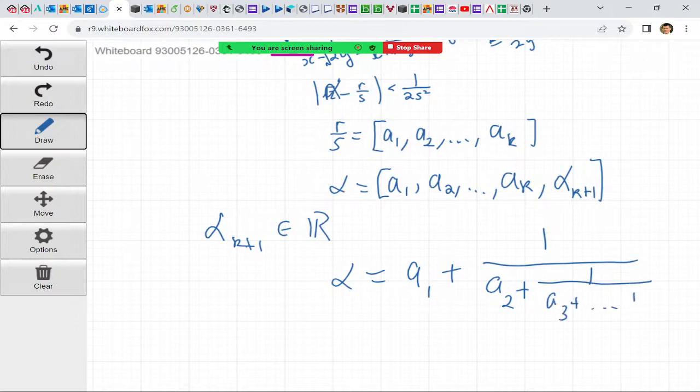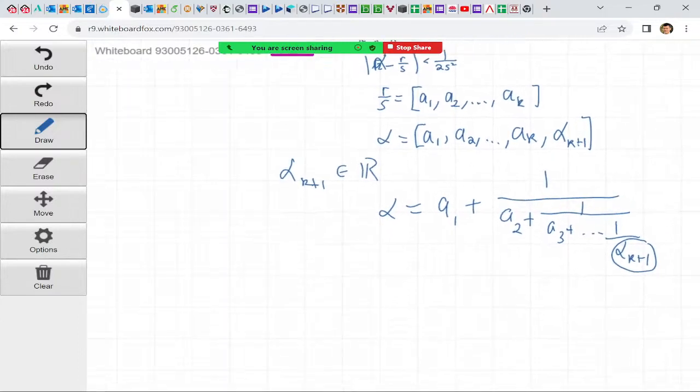You're basically saying there always exists something you can write like this, so you can solve this for alpha k plus 1. It has to be positive.